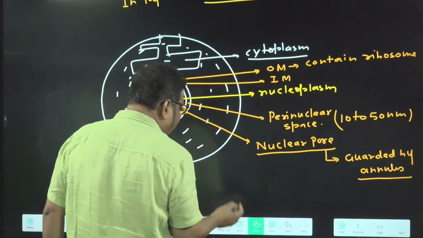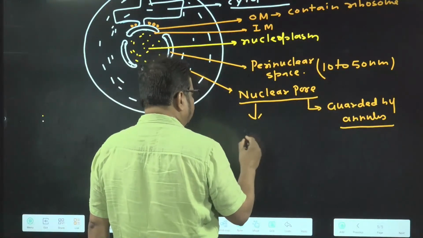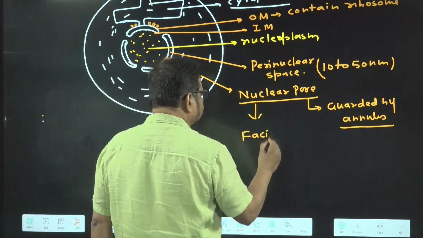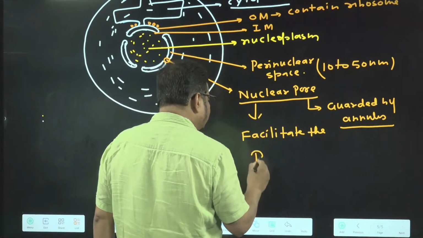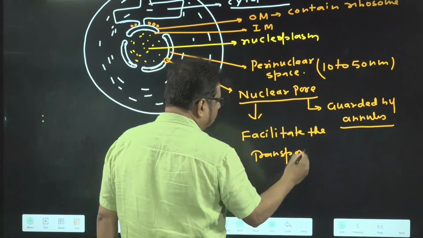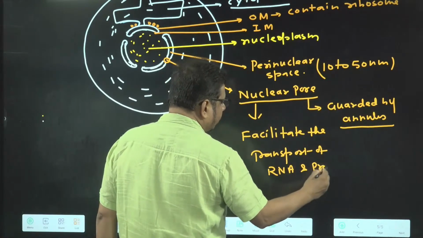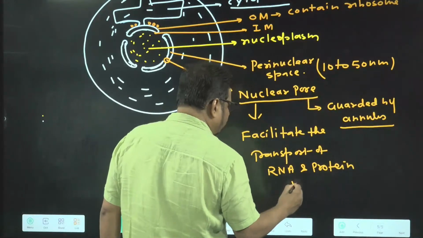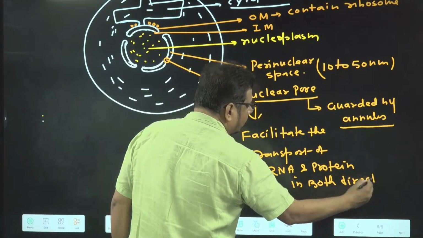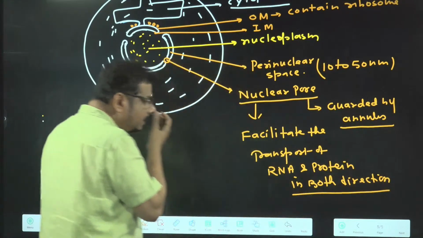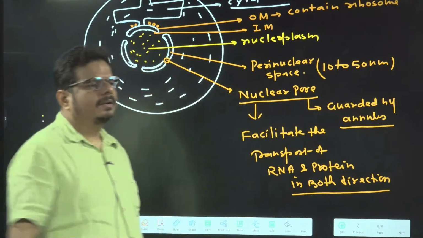What does the nuclear pore facilitate? The nuclear pore facilitates the transport of RNA and protein in both directions. Both directions means from cytoplasm to nucleus and from nucleoplasm to which one?